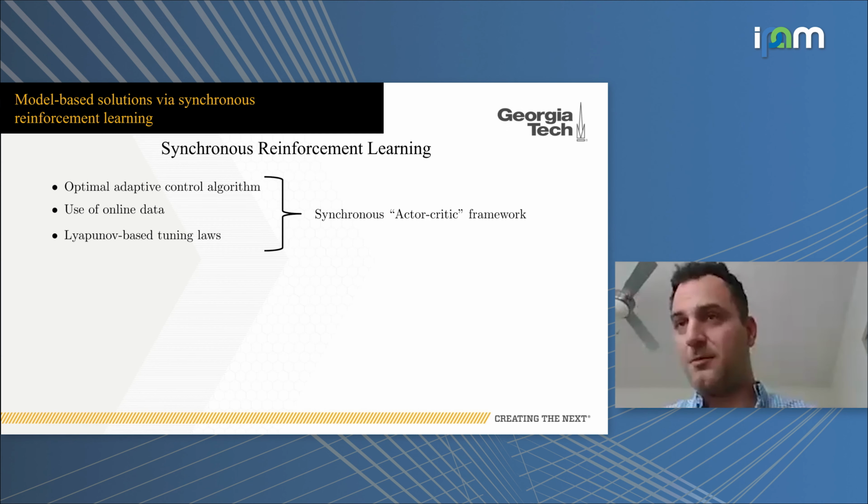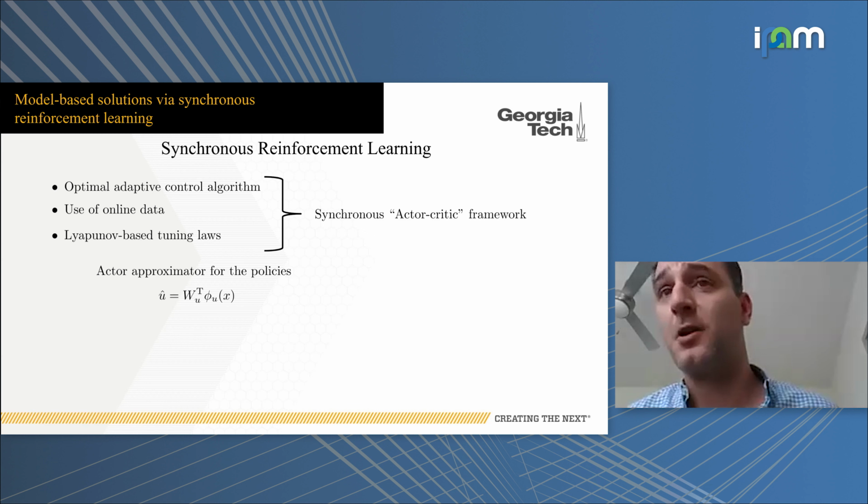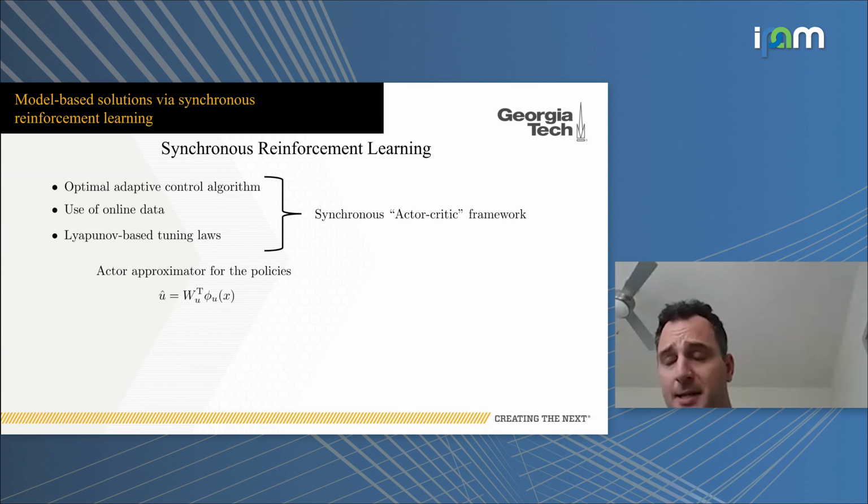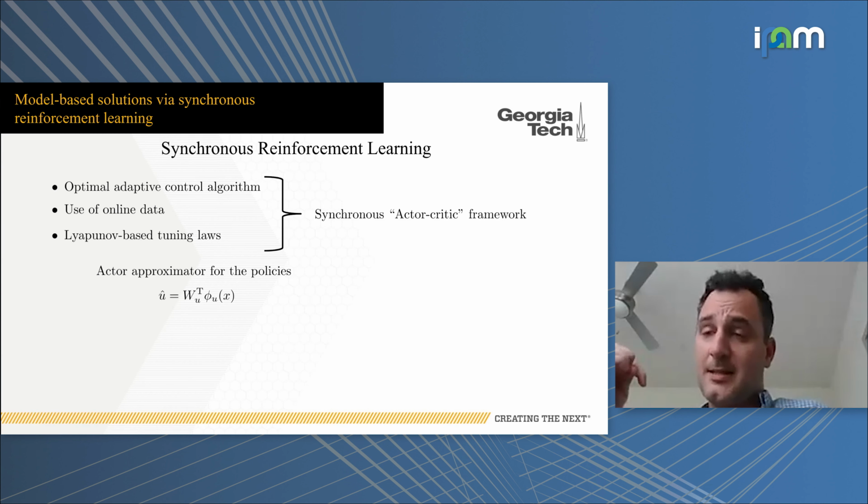Okay, and of course, as I told you before, in order for us to guarantee stability, people have worked throughout the years with a single critic, but we found it easier to guarantee the best form of stability to use also an actor. So an actor will approximate the optimal controller. Somebody will say, okay, you already found the V, but the controller depends on the VDX, right?